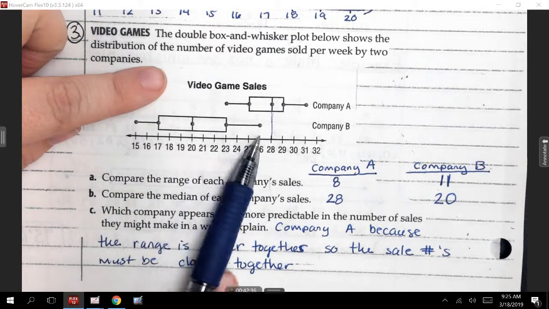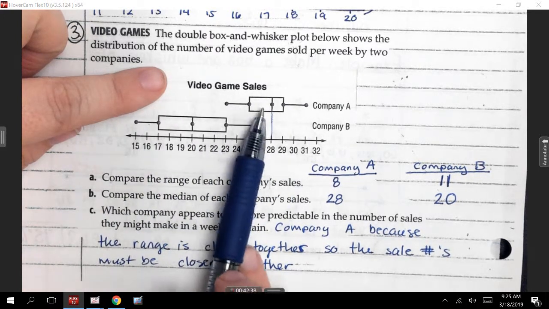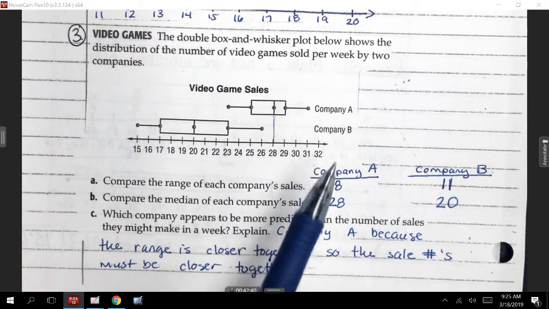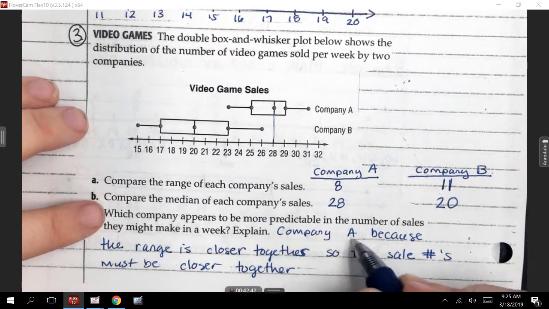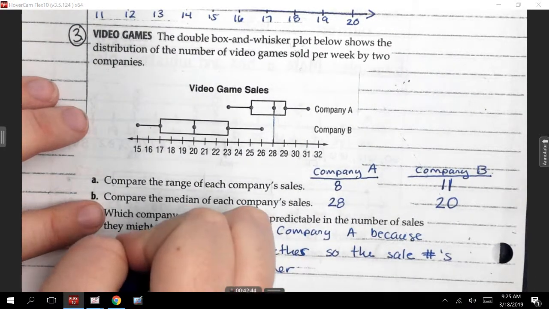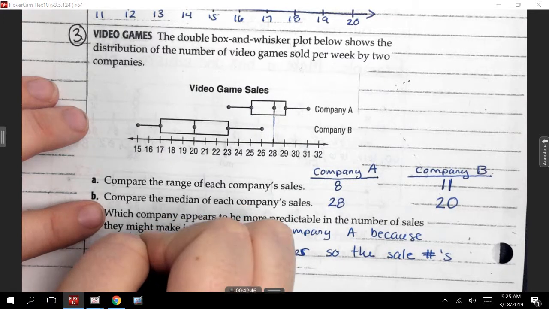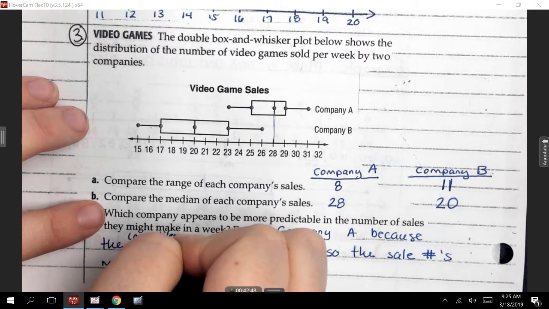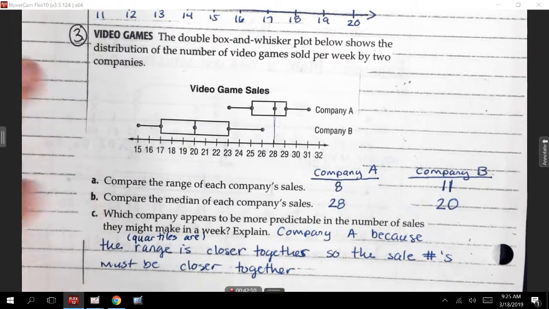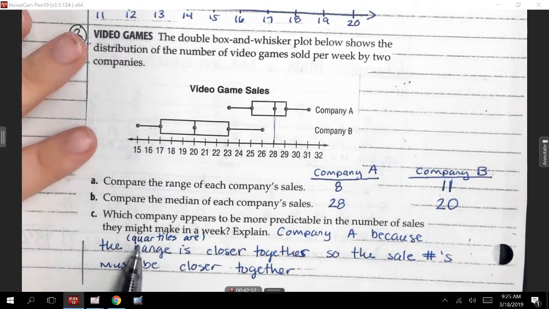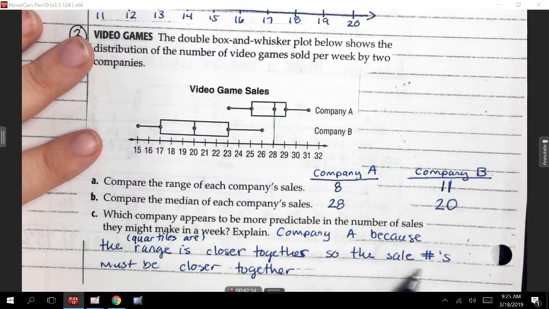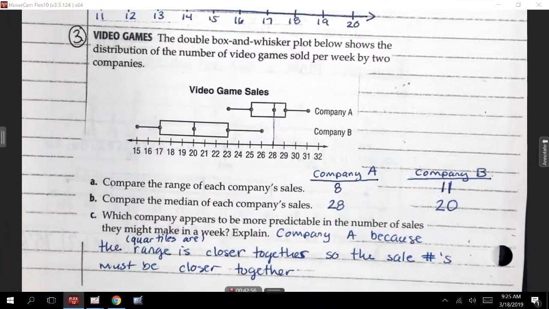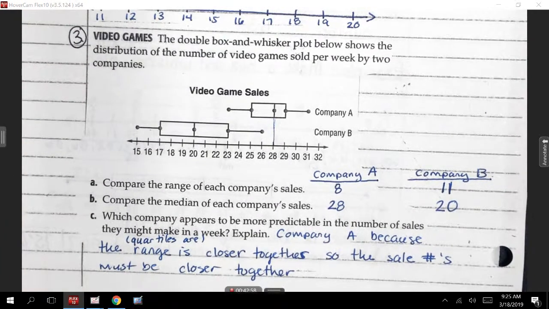These do look more consistent, but these are going to be smaller groups. So could I also say company A because the quartiles are in smaller groups. I like that description even better. The quartiles are in smaller groups, so the sale numbers must be closer together. So you could talk about the range being closer or the quartiles being closer.